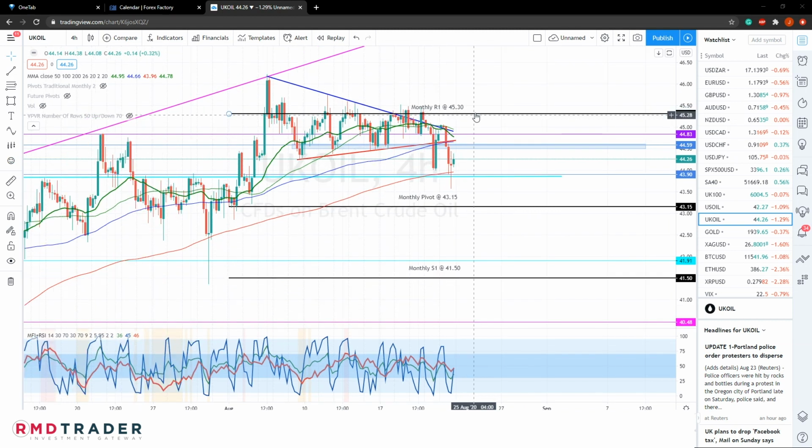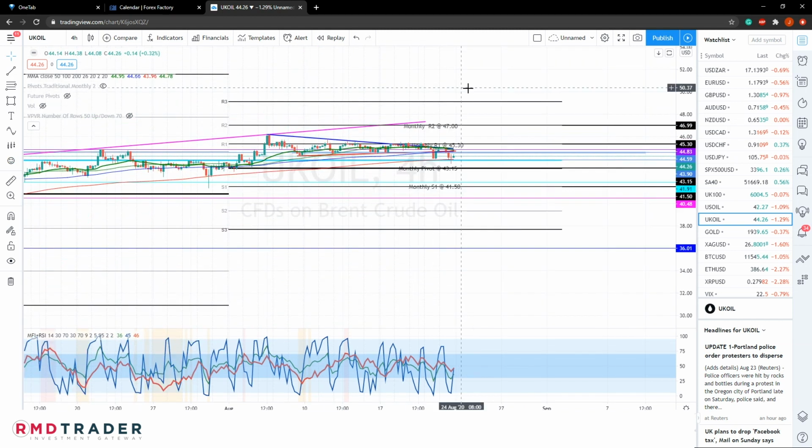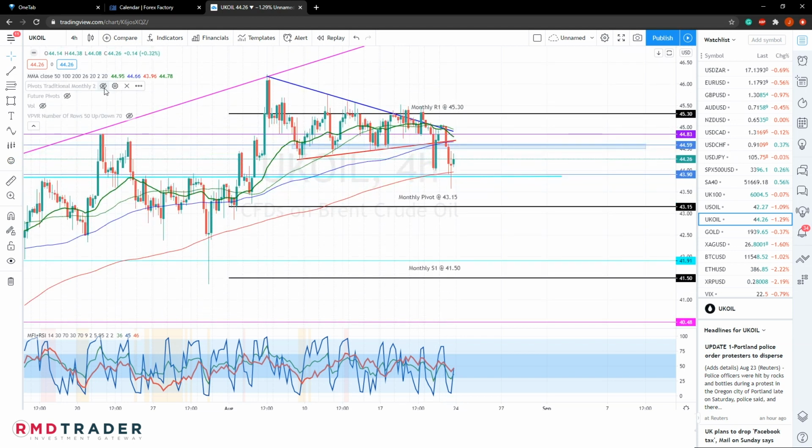Only in that scenario would we likely see Brent crude move higher towards levels such as the $47 area, where we'll find our monthly R2 pivots.